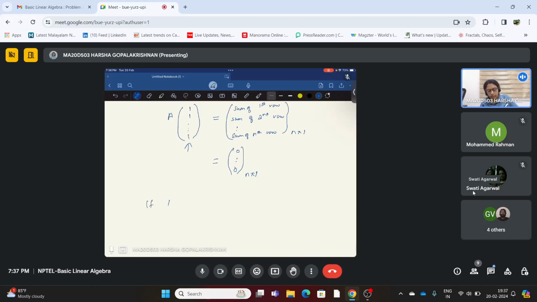If A is invertible, what is our result? Rank of A equal to n, which is equal to the number of columns of A. In this condition, we have only the trivial solution.